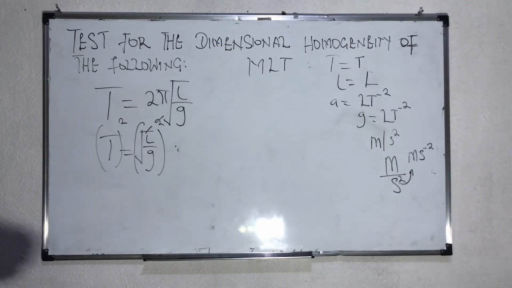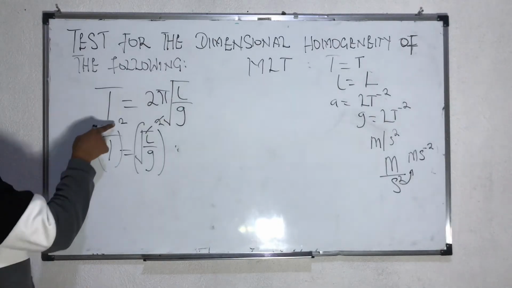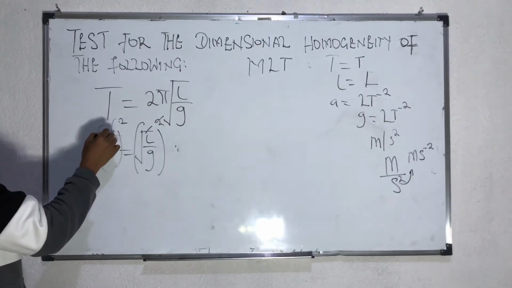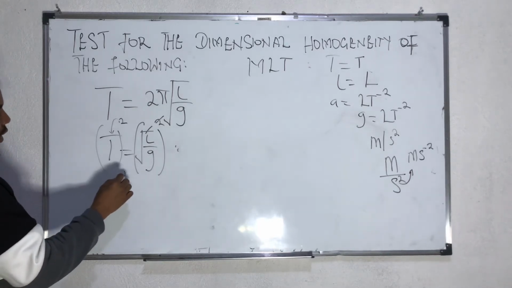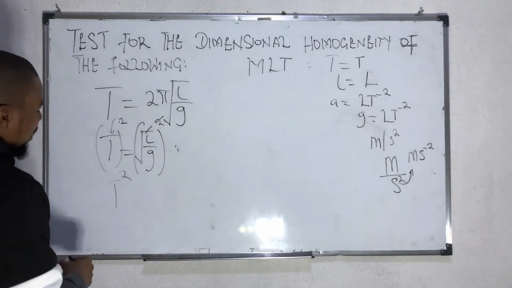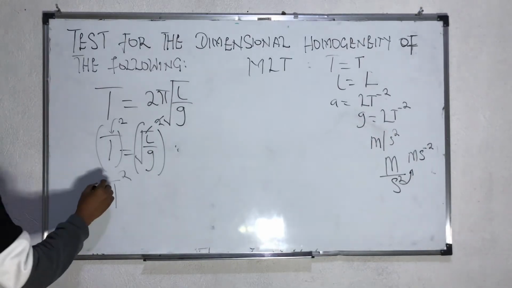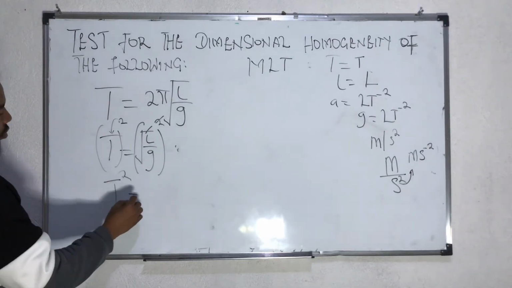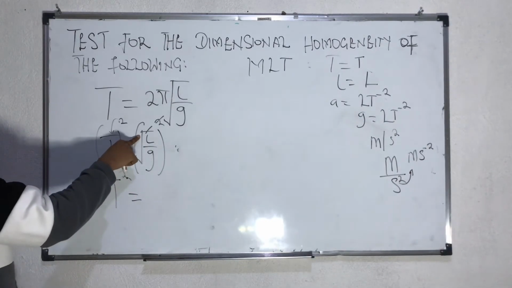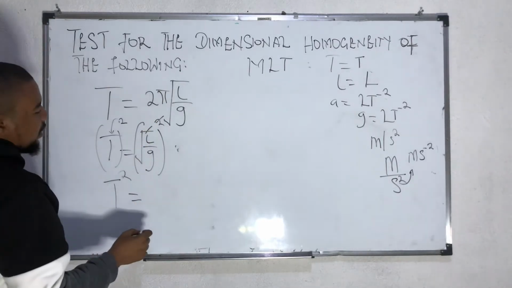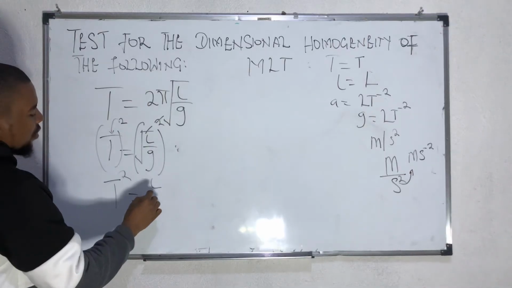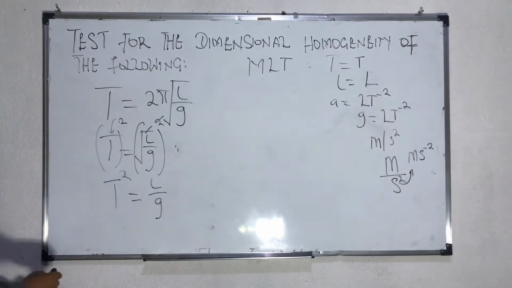And when that happens, you now distribute the 2 across this one here, and we shall now obtain t squared equal to, remember this square has cancelled with the power of 2 outside, L over G.